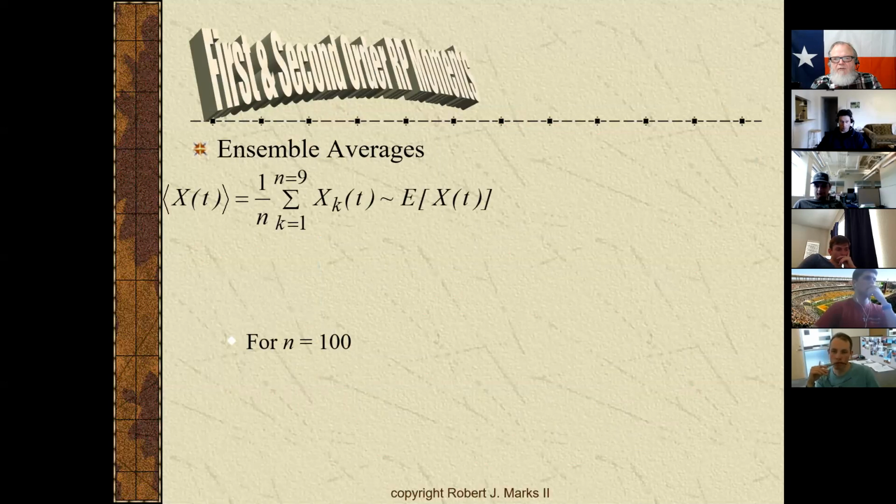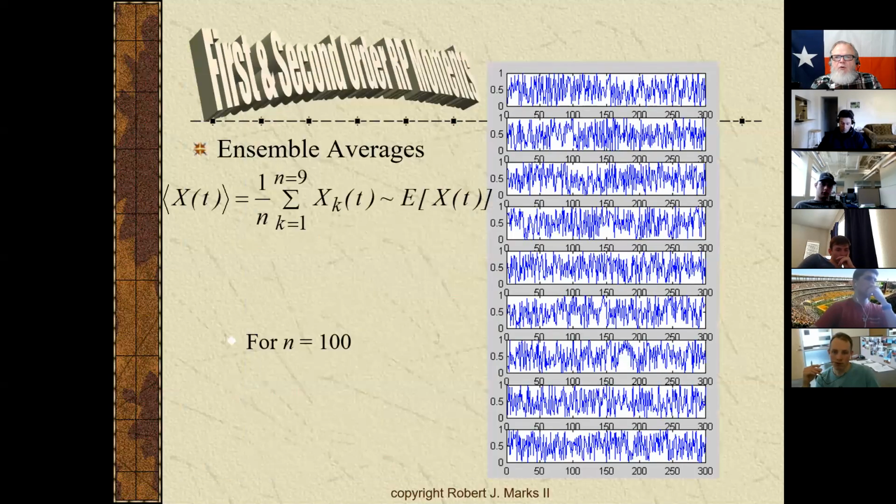The Ensemble Average, say, for example, to compute the expected value of x of t, is simply equal to a bunch of realizations of the stochastic process. In other words, you have to repeat the stochastic process a number of times, right? So here we've repeated it. Here's another instantiation.